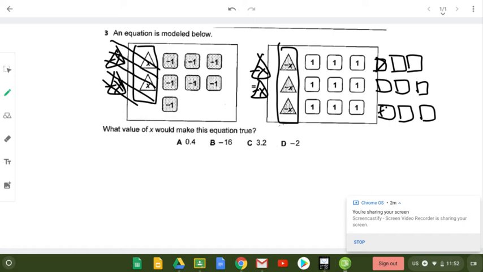And these are going to become negative 1s because I'm trying to move them to the opposite side. So I'm going to add them here. So 1, 2, 3, 4, 5, 6, 7, 8, and 9. So these are going to become negatives.